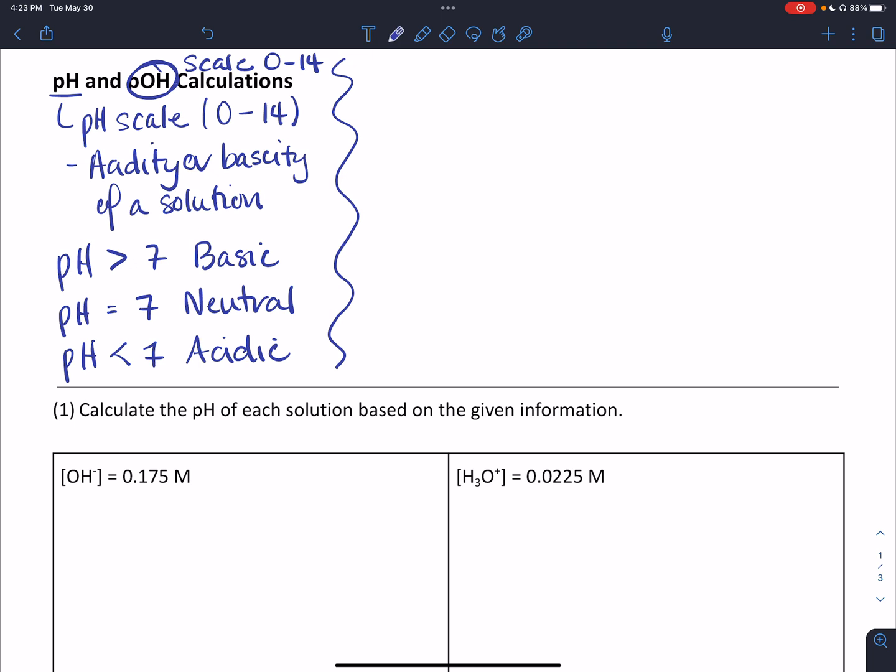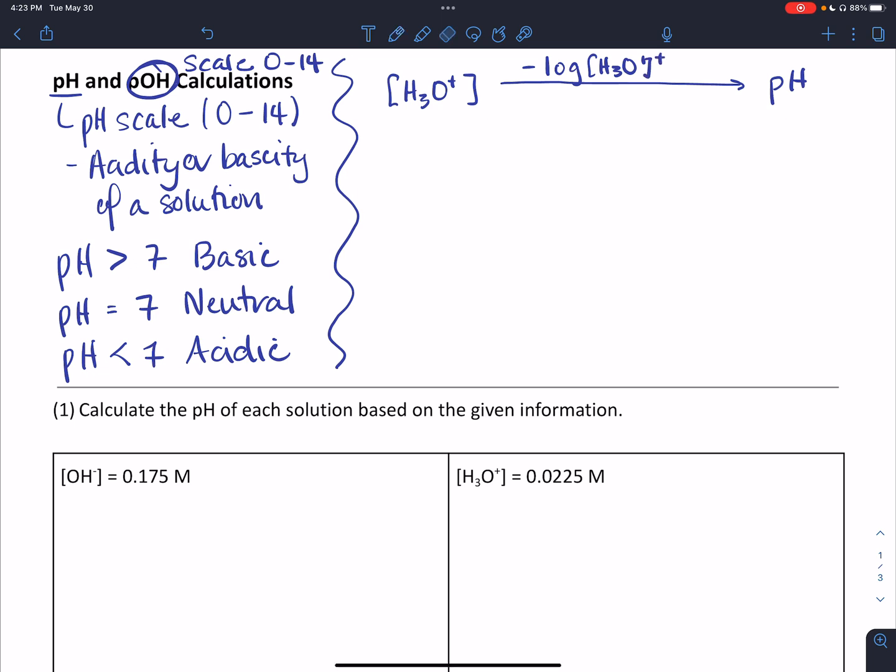All right, now, how do we calculate pH? Well, pH is the log of the concentration of hydronium or the proton. So the concentration of H3O plus will give us the pH value if we say the negative log of that hydronium amount.